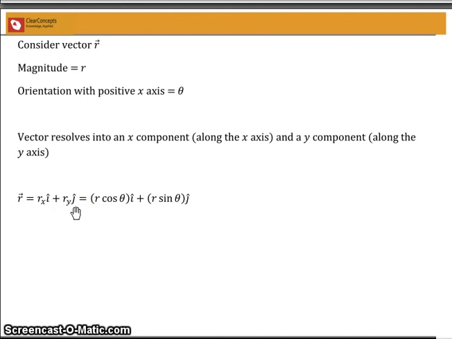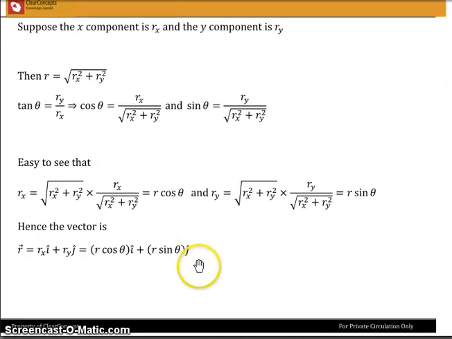And using the trigonometry from the previous slide, the x component is simply r cos theta, and that into i hat, plus r sin theta, which is your y component, and that into j hat.